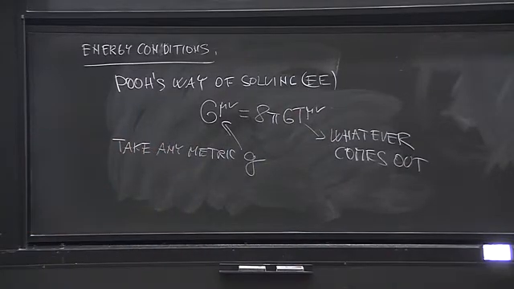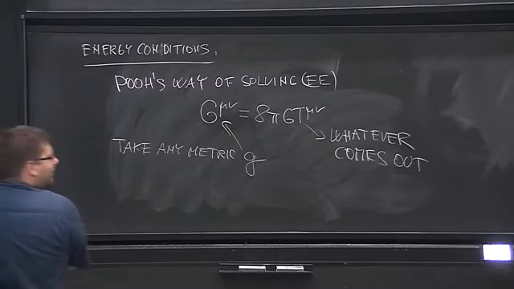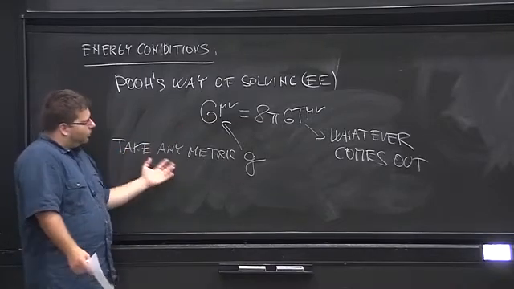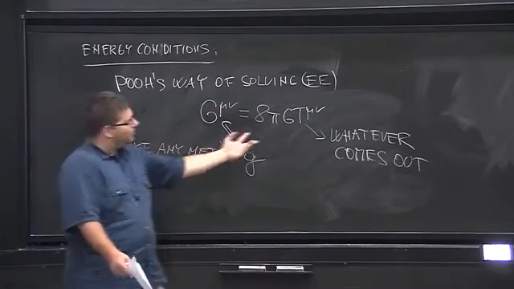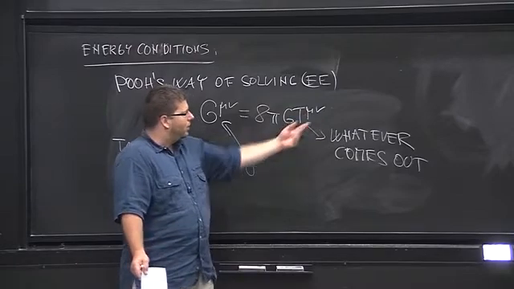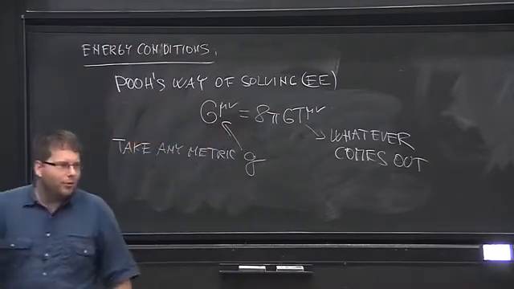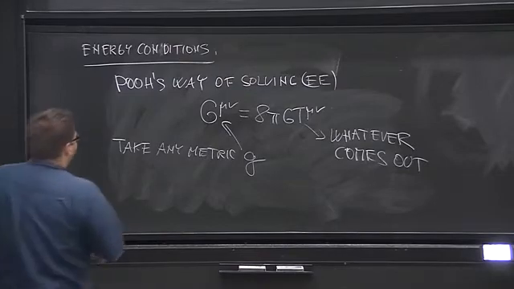In fact, not only Pooh is using this, but people still use it until today to find some interesting solutions. So whatever metric I want, it will be a solution of the Einstein equations, provided that I define the T mu nu to be whatever is on the left-hand side. Okay, very good.